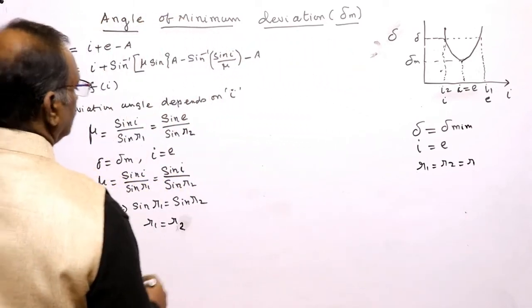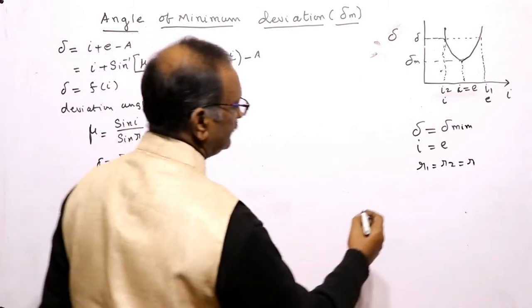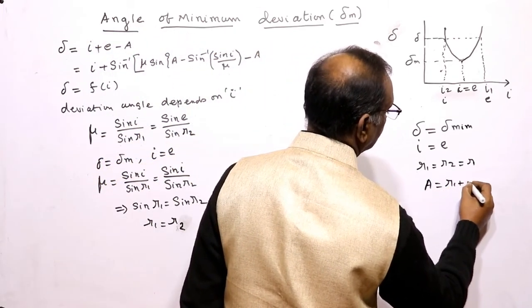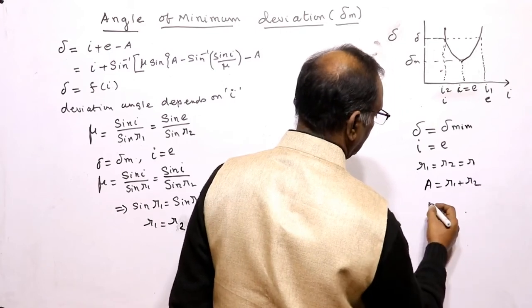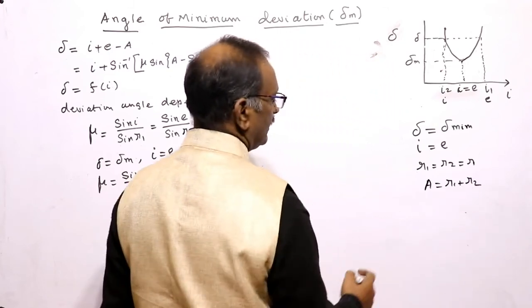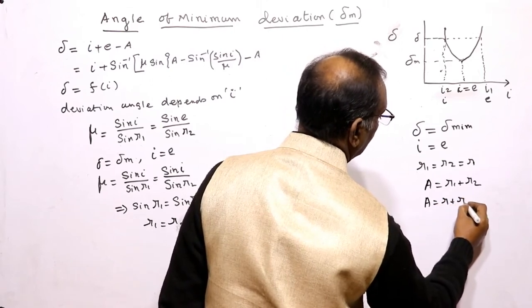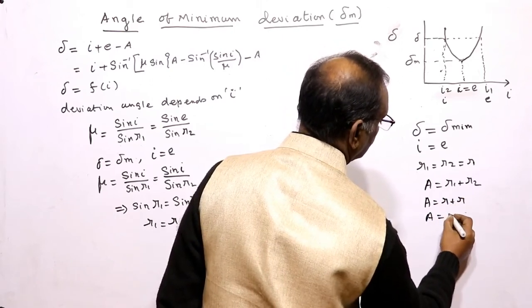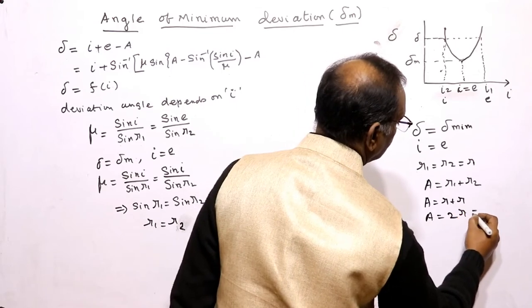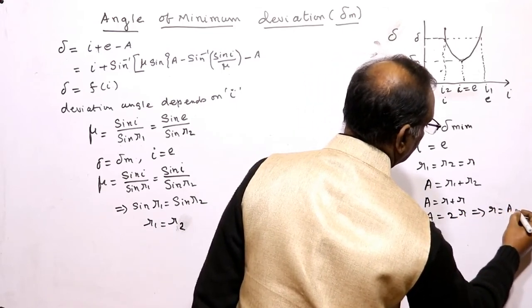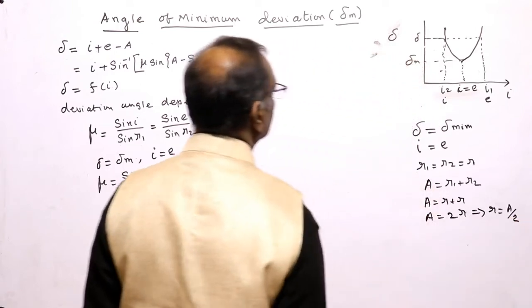Since A is equal to R1 plus R2, we can say A is equal to R plus R, or A is equal to 2R, which means R is equal to A by 2.